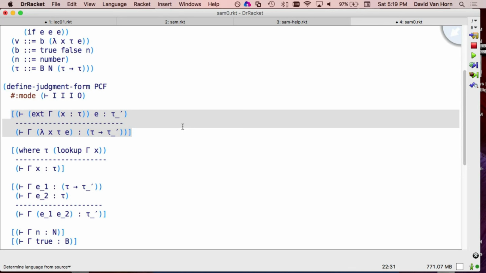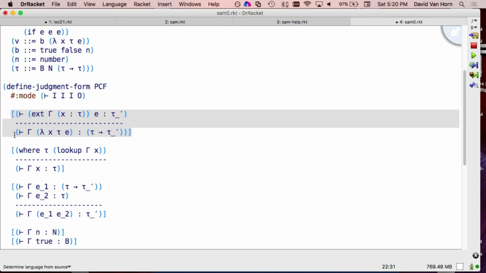So here is the typing rule for functions. The way to read this is just like the way that you read an inference rule, and I think this will help you develop a crisper model of what's going on in these inference rules. When we read below the line, the input positions are given to us.